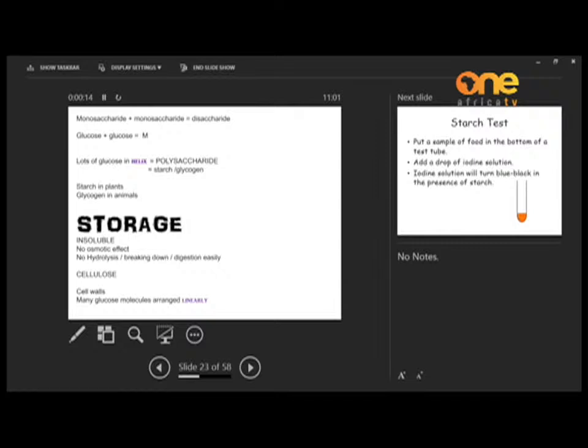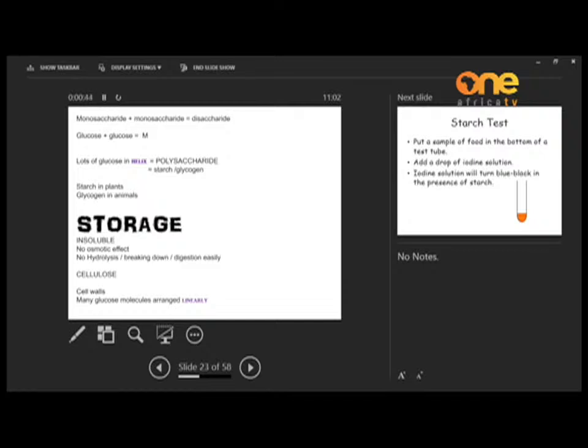Lots of glucose in a long string give me a polysaccharide. It can be starch. We are revising. Starch I will find only in plants or animals? Plants. And that same storage molecule of lots of glucose in an animal is called glycogen.